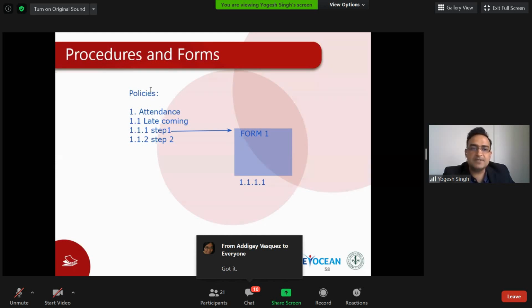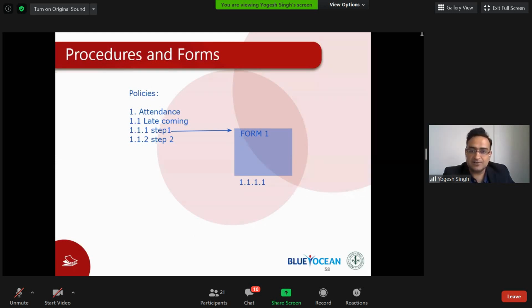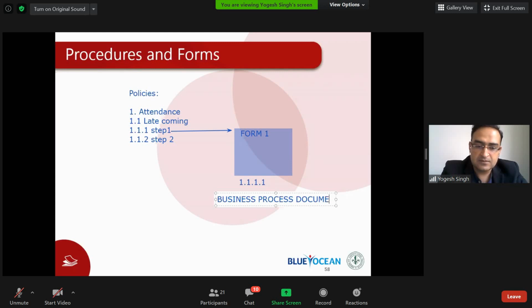We call it business process documentation, BPM. All right. I hope everyone understood this. Many times people get confused.